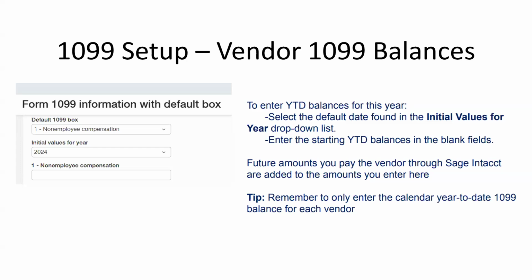So you edit the vendor record, you mark them as whatever the appropriate form and boxes. So this one right here assumes NEC box 1. You want to make sure it's for the correct year, the tax year. In this case, it's 2024.